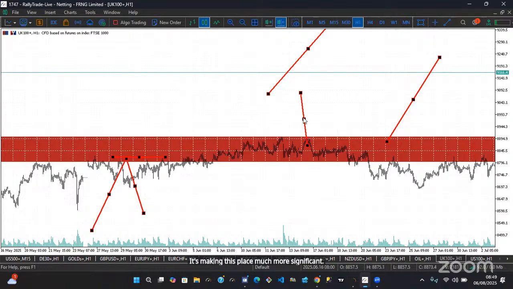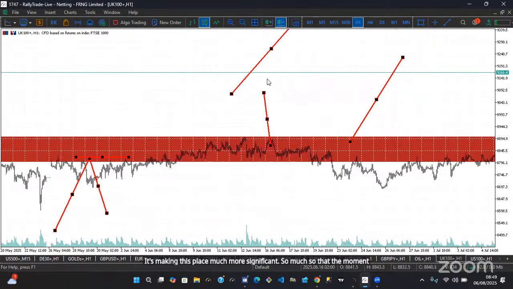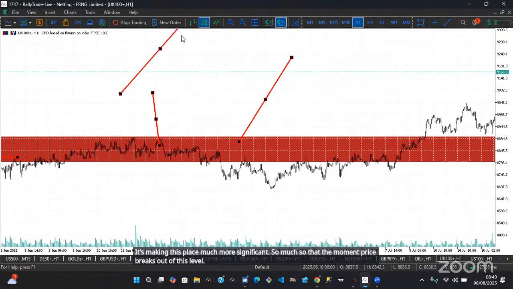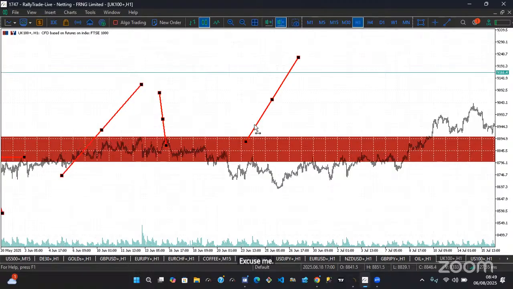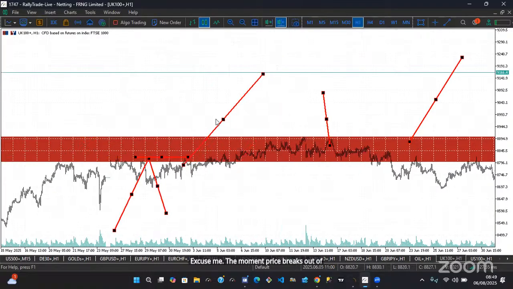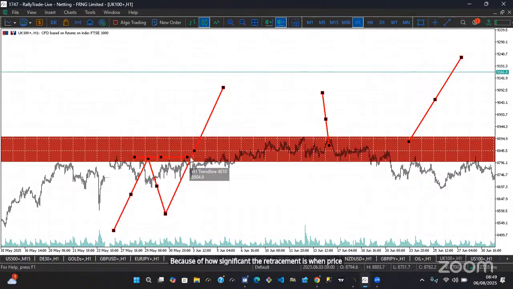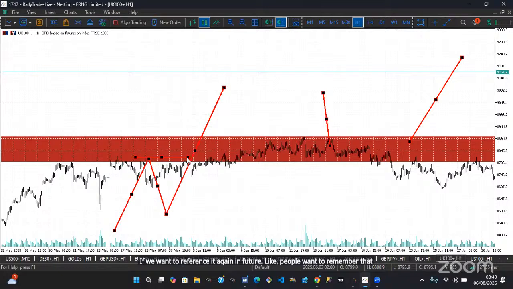So much so that the moment price breaks out of this level, because of how significant the retracement is when price got here, it will want to reference it again in future. Like people want to remember that day. They are looking forward to it.